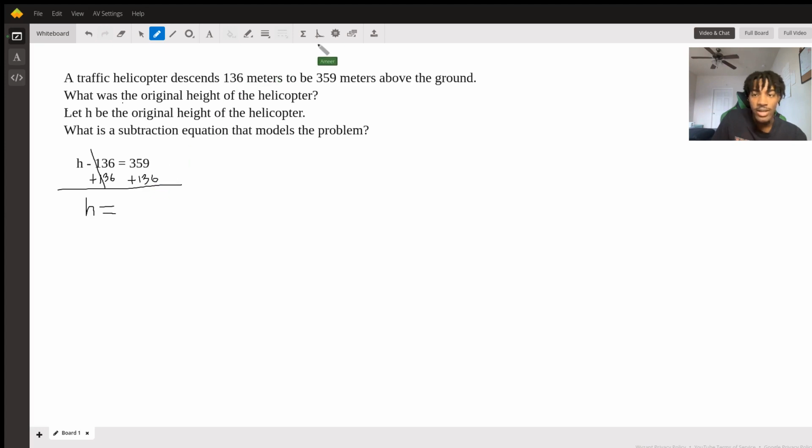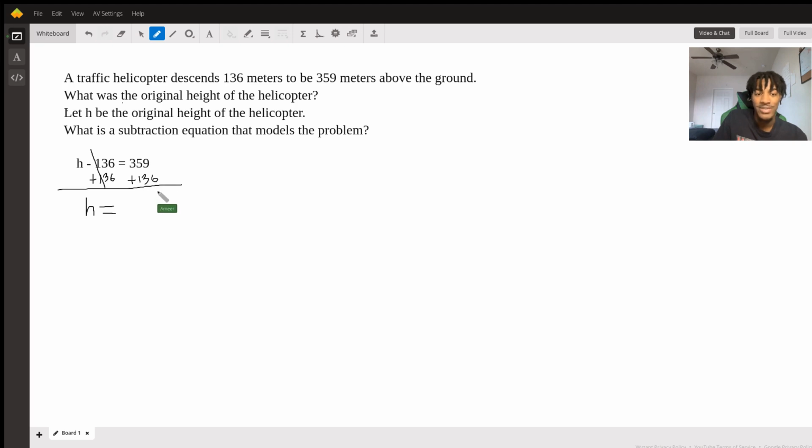So we can go ahead and get our calculator. Actually, rather than getting our calculator, let's just add this. Okay. So we have 359 plus 136. So 9 plus 6, what would that be, students?